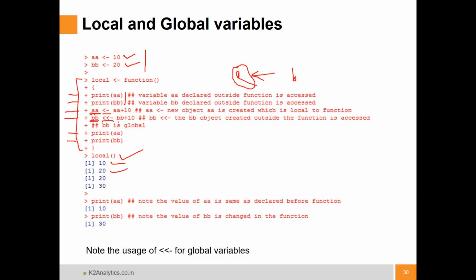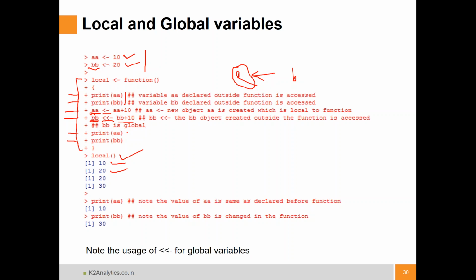This value has to be assigned to a variable which is already there in the global environment instead of creating a new variable in the local environment. As such, this BB plus 10 will get evaluated, and whatever the value is will go and replace the value of this BB. Here I used only a single angular bracket, that's why a new variable got created in the local environment.